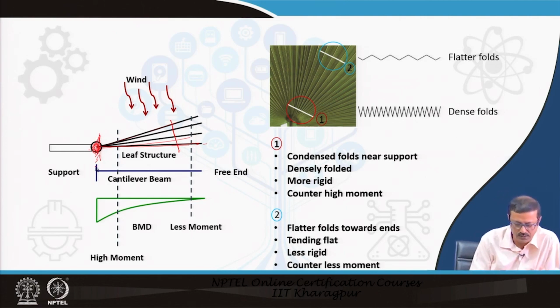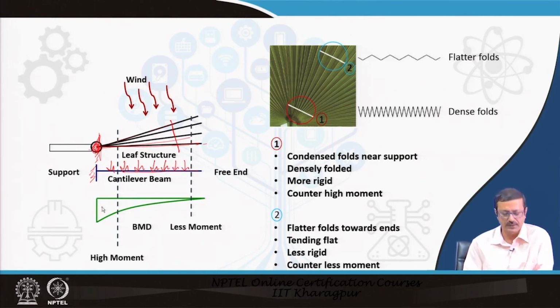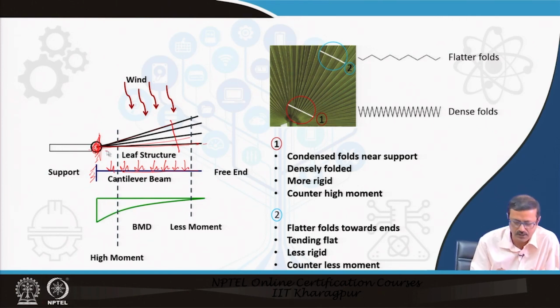Under wind or any external loading on the cantilever beam, or this leaf, the bending moment diagram is like this. The bending moment is heavy near the support, near the junction where the leaf starts, so the support point has a very high moment, and at the end it has a very low moment.